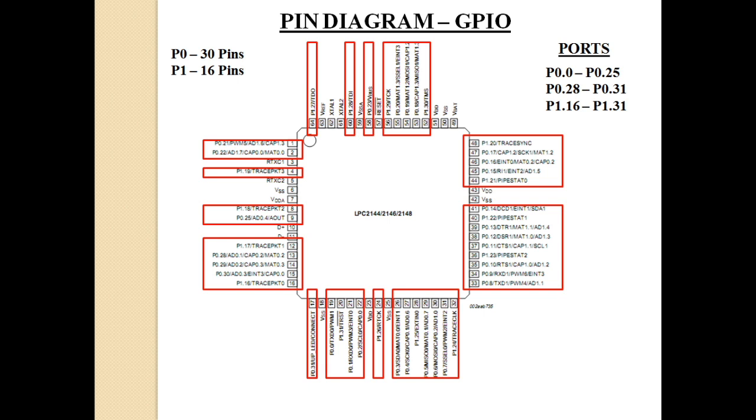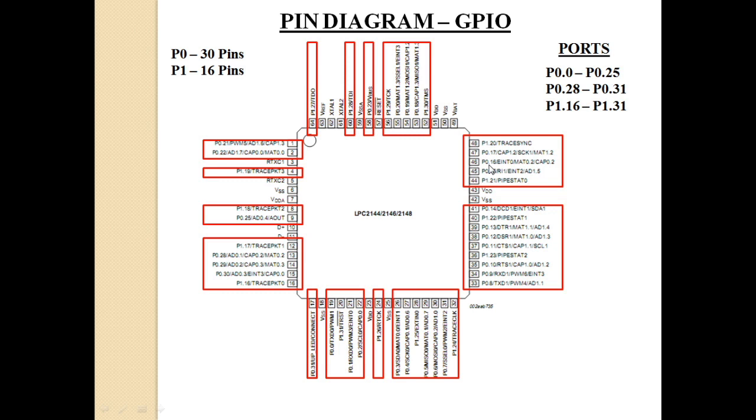And you can see here P1.20, P1.17, P1.16, etc. You can see that each pin is written like this. For example, let us take P1.16 slash EINT0 slash MAT0 slash CAP0. What do you mean by that?